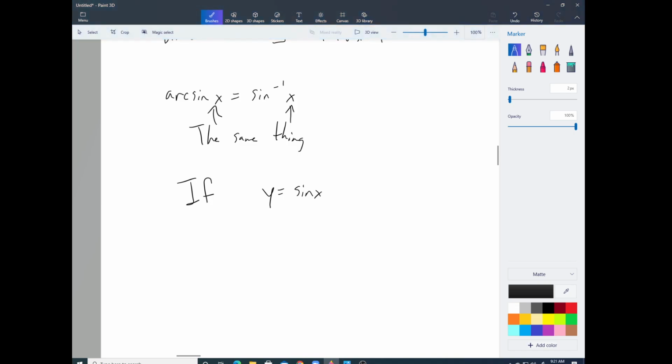Actually, let's not use x. Let's use theta. Then, by definition, the inverse sine is what you get when you plug the ratio in and you get out the angle.